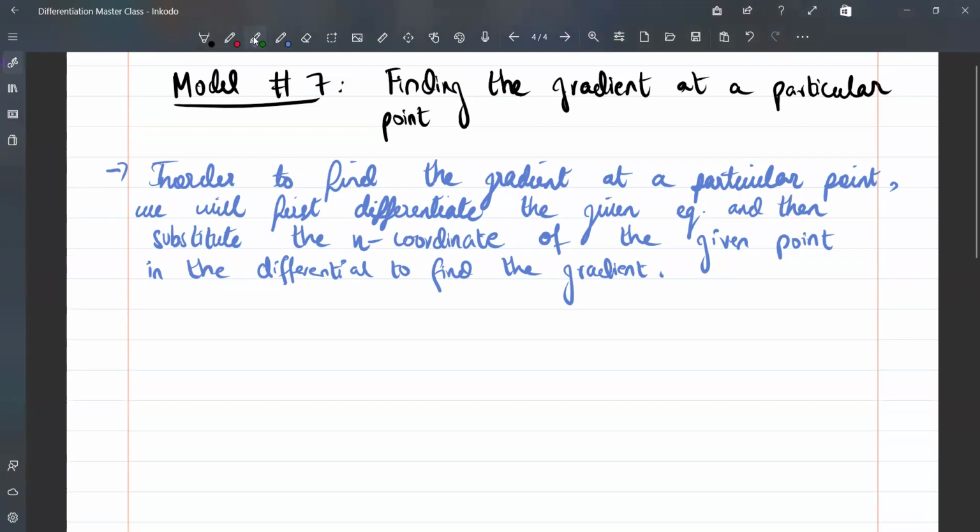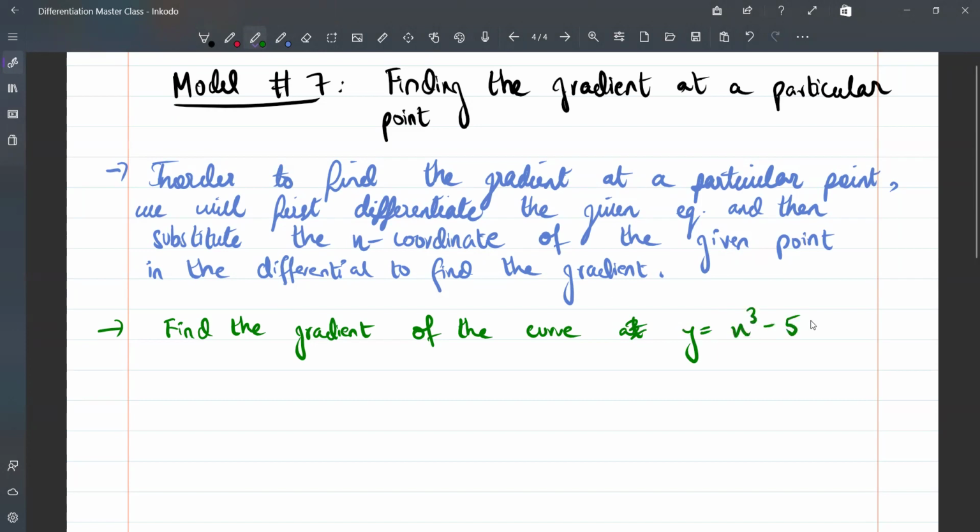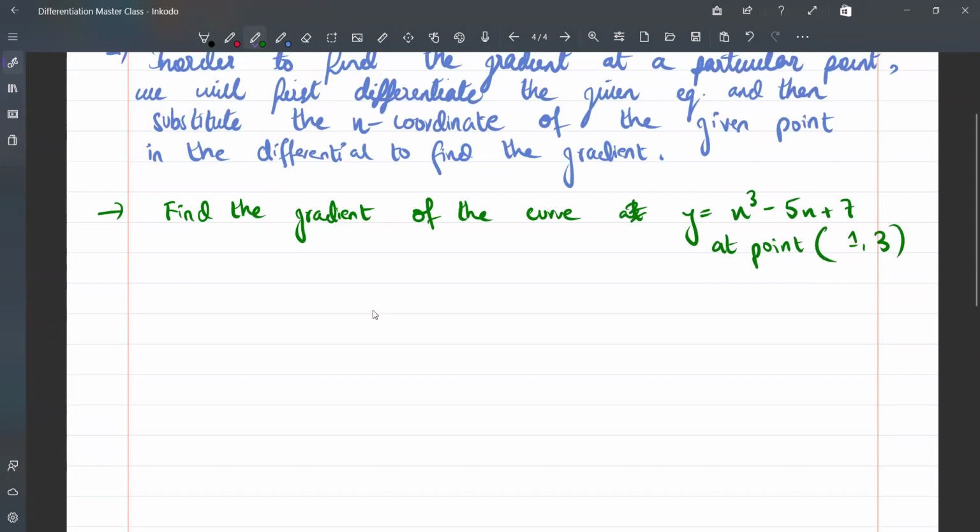So let's say we have to find the gradient of the curve y is equal to x cubed minus 5x plus 7 at point 1 comma 3. So we will first differentiate.